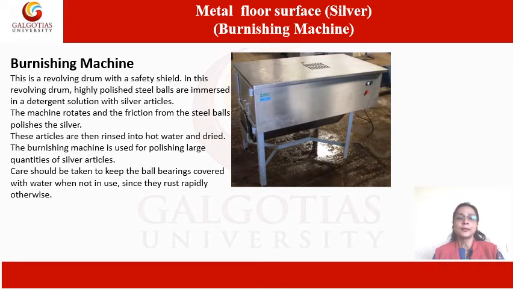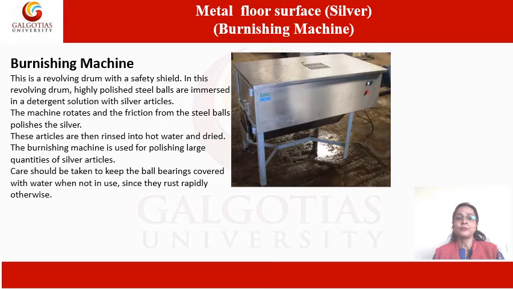In this revolving drum, highly polished steel balls are immersed in a detergent solution with the silver articles. The machine rotates and the friction from the steel balls polishes the silver. These articles are then rinsed in hot water and dried. The burnishing machine is used for polishing large quantities of silver articles.